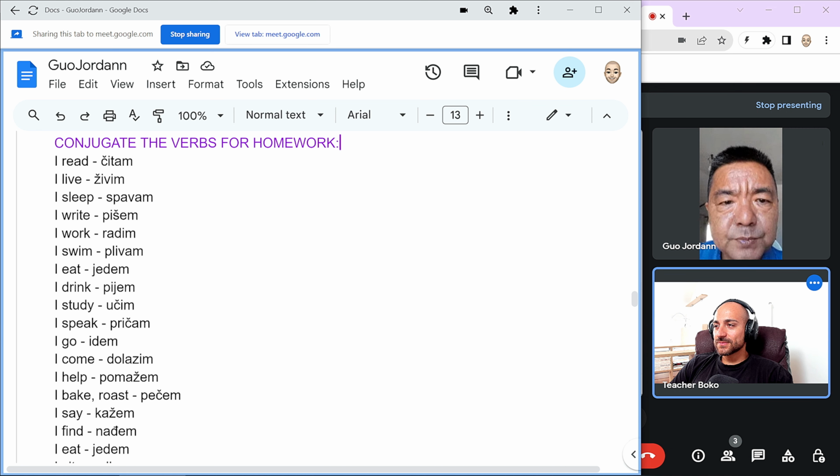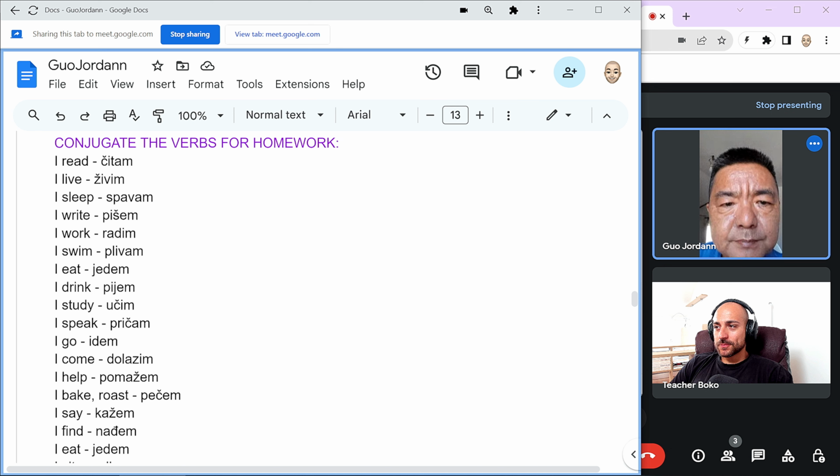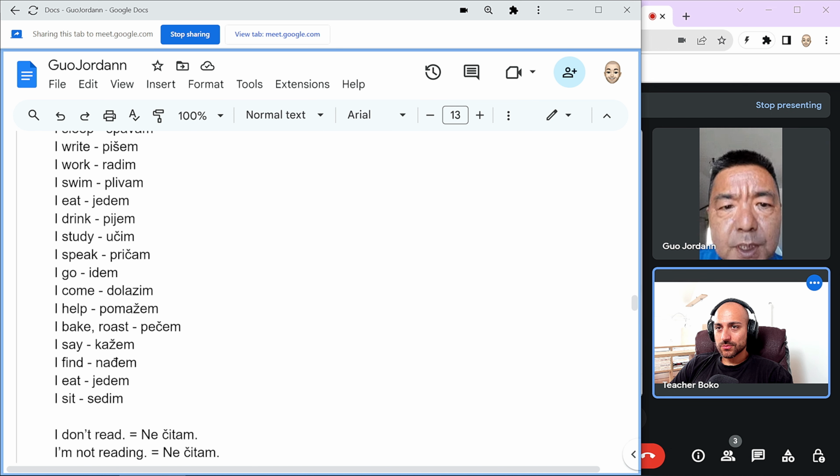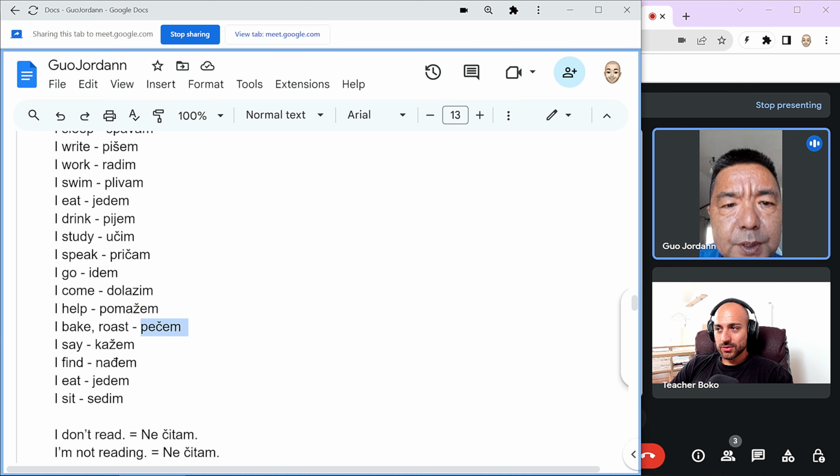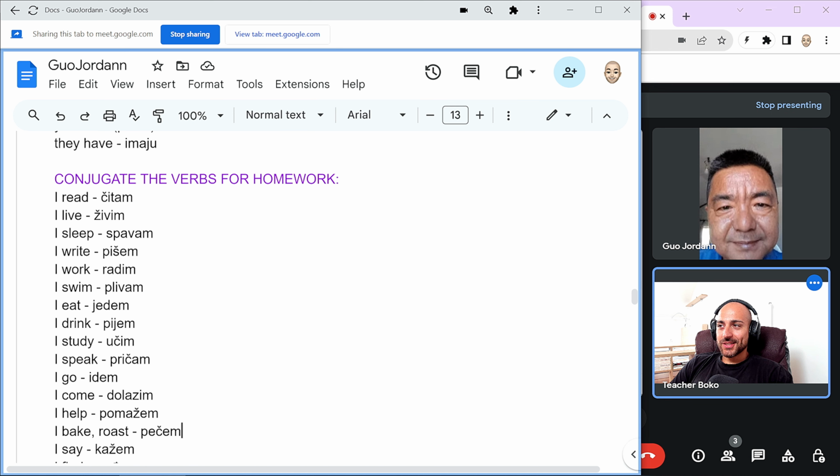Čitam, ljubim, spavam, pišem, radim, plivam, idem, pijem, učim, pričam, idem, pomažem, pečem, kažem, nađem, jedem, sedem. Great. So later for homework, you can try to conjugate them through all the persons.